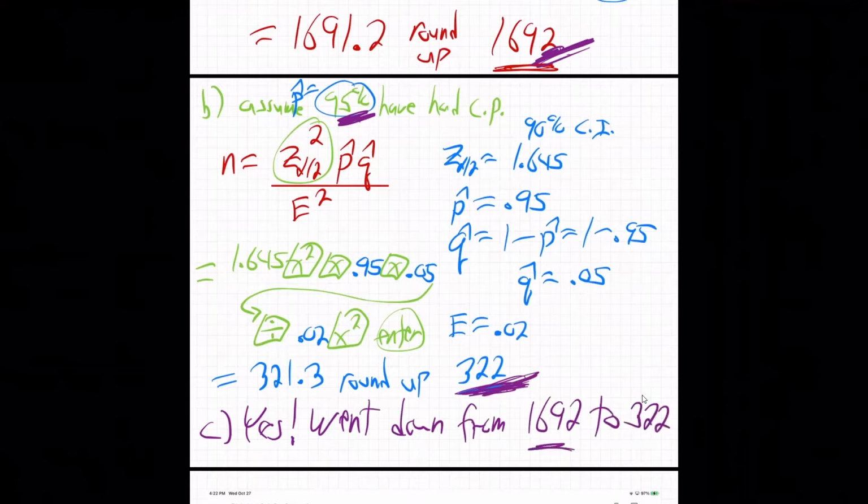So by knowing something about what percentage might have had chickenpox, knowing it's around 95%, means we can survey way less people. Now we only have to ask 322 people to get the kind of accuracy that we want. And so there we go.